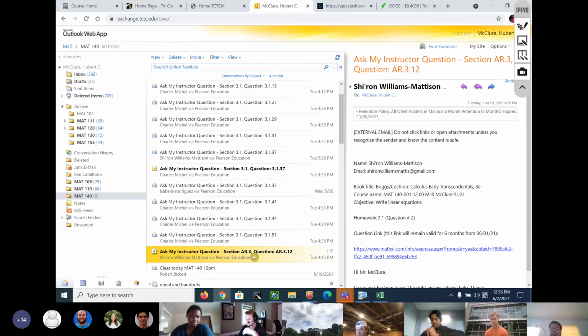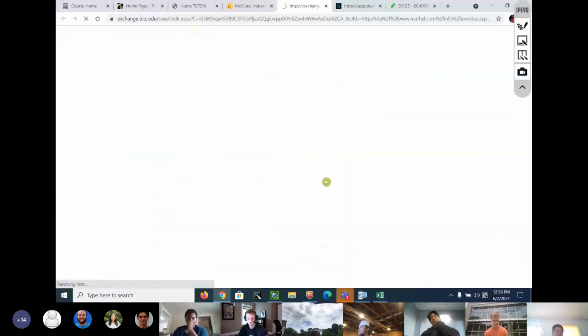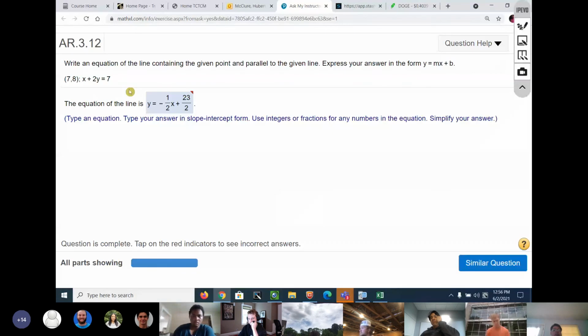I don't know where this is, but it says write linear equations. I hope they do something that's not write equation of the line containing the given point parallel. Okay, this is a review question.